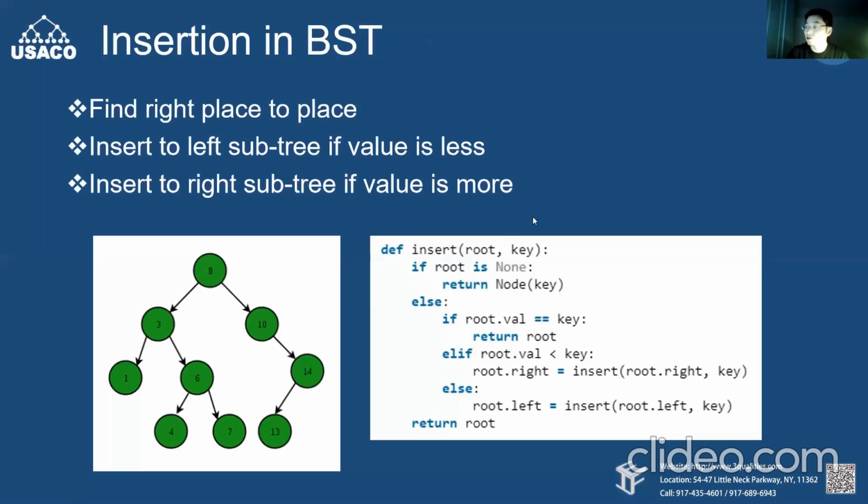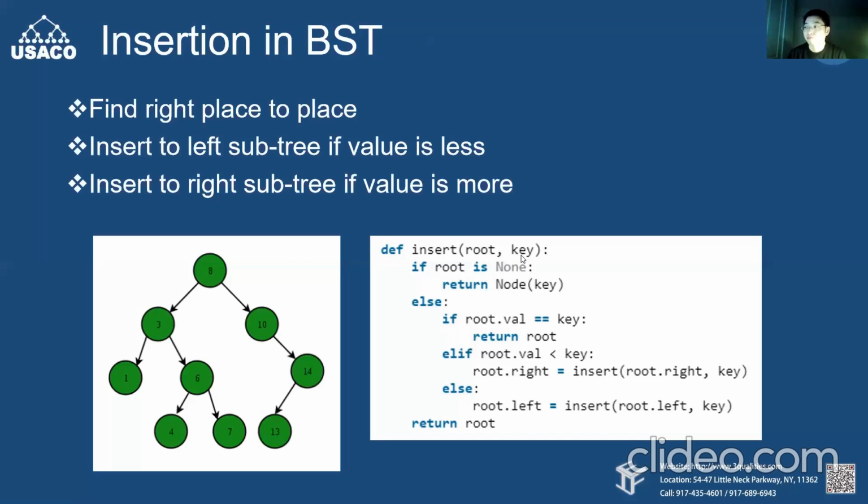Look at this function here. I do insert, and I'm passing the root node and the key. The key is just the value of the node. You can call that value, data, or key.